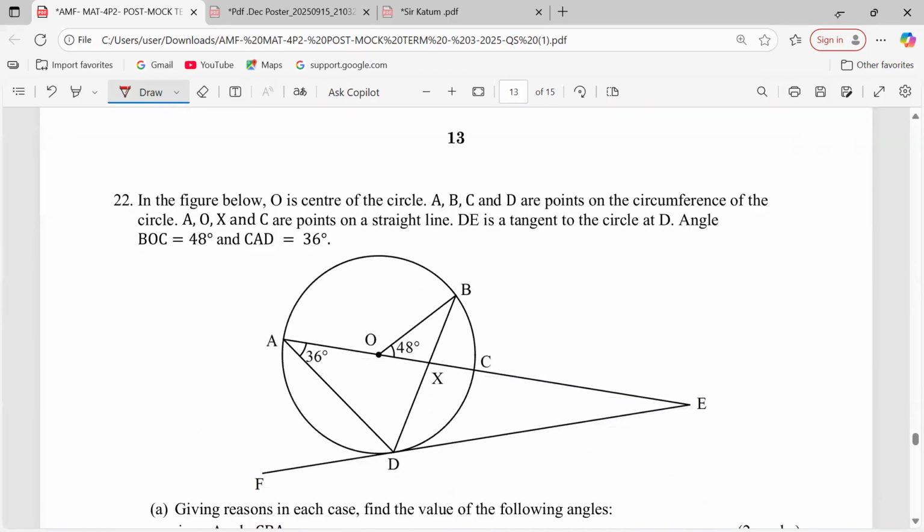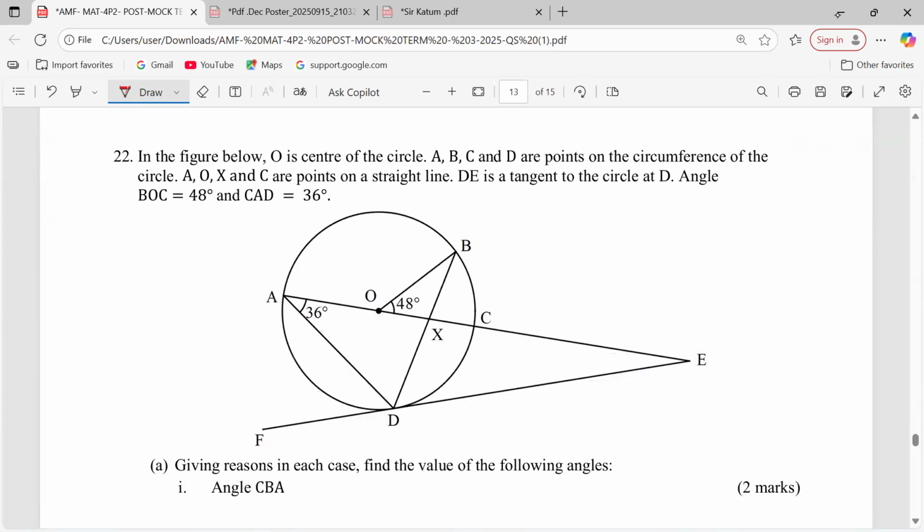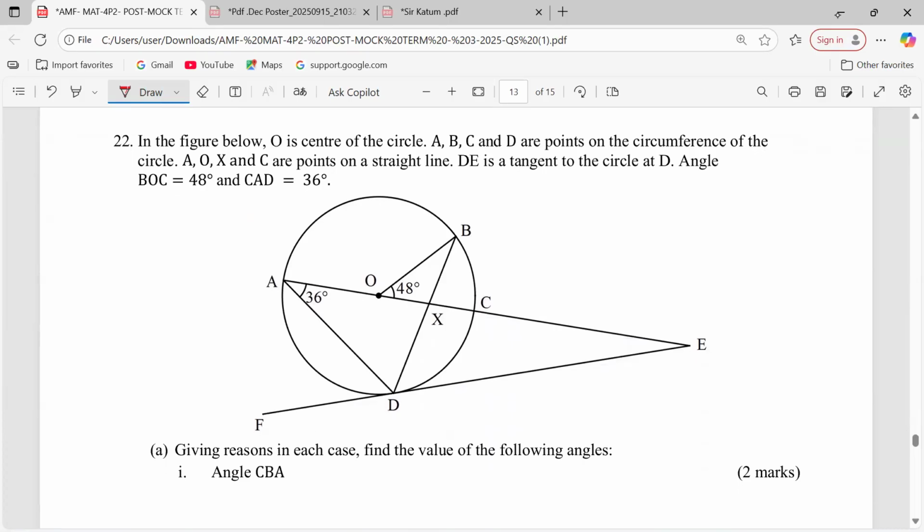We are proceeding to a very wonderful item here, and this is what we call angle properties of circles, together with tangents and chords. In the figure below, we are told that O is the center of the circle. Then A, B, C, and D are points on the circumference of the circle.